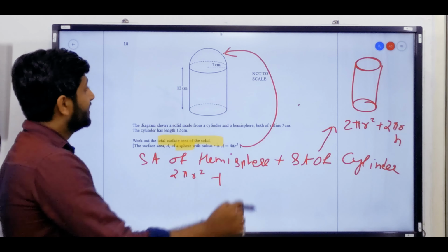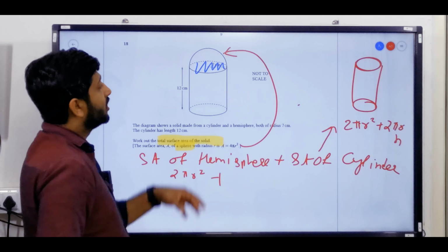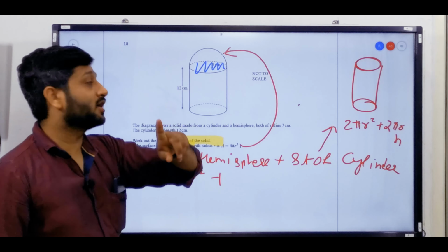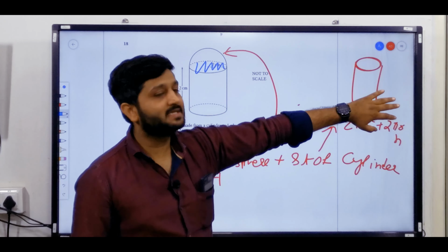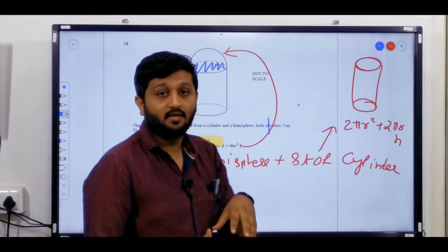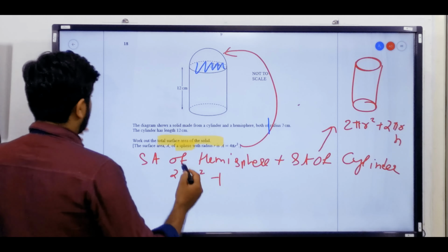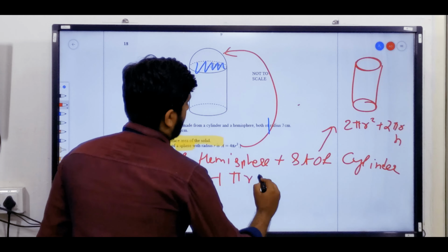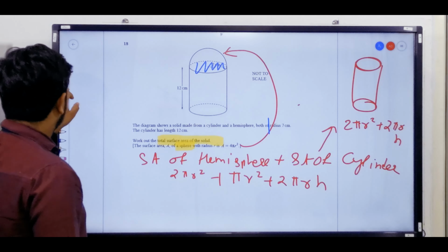But see here, this portion is hollow, so please do not consider this. In this cylinder there is only one circle. This is not present, this is hollow. So there is no circle on the top. So here the formula will be pi r square plus 2 pi r h.